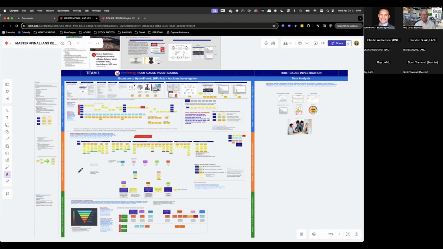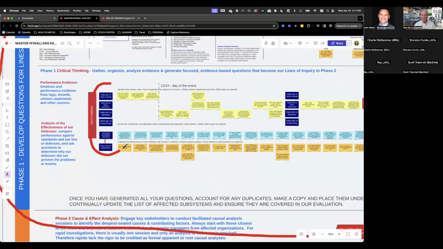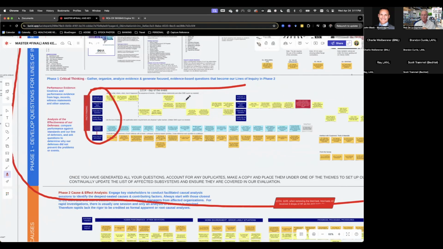This is the last one, actually, that we have. Phase 1, which is all of this over here, is where we collect all the evidence that we can find about the incident, and we organize it in the way that we're used to with some of these other tools. And for example, we have the timelines, right, which is the formation of an events and causal factors chart.